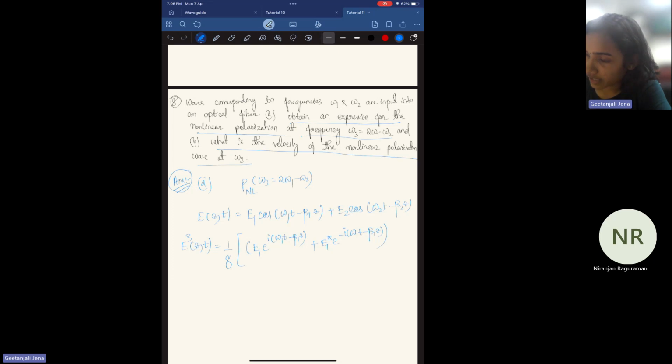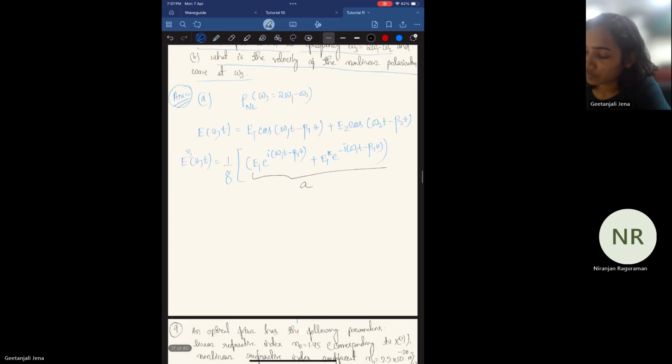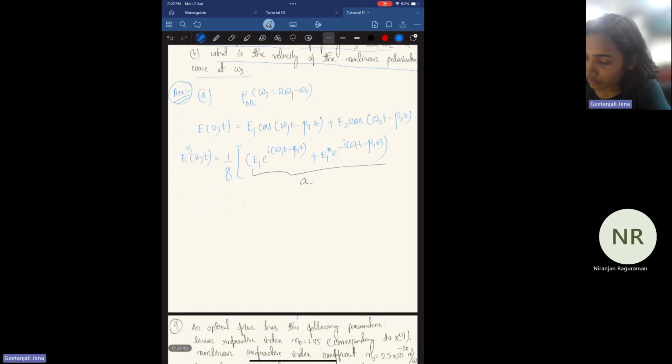This term we have taken as the term A, and there is one term which is E2 e to the power i omega 2 t minus beta 2 z plus E2 star e to the power minus i omega 2 t minus beta 2 z.